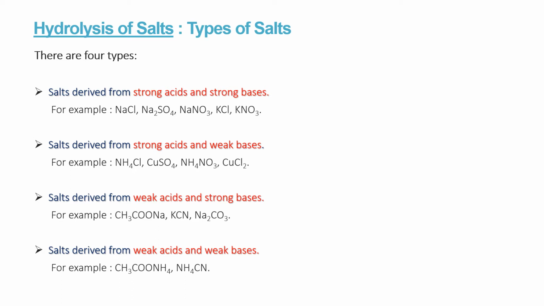Now in this case, this salt is formed due to the reaction between acetic acid, that is CH3COOH, plus NH4OH. Okay. Now next is NH4Cl. So in this case, your salt is formed due to the reaction between NH4OH and HCl.